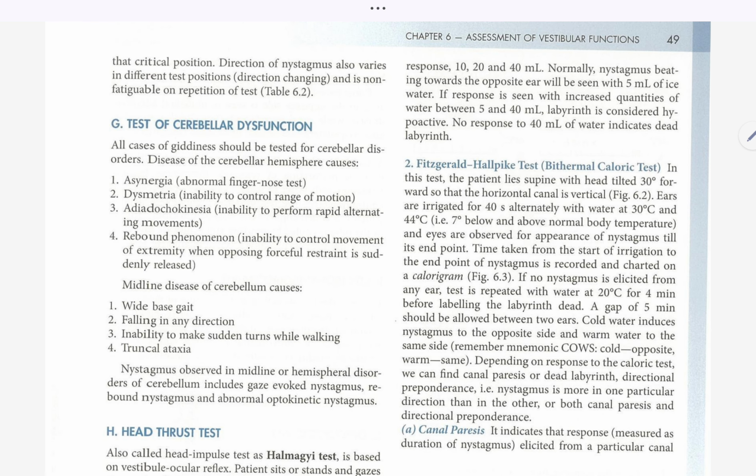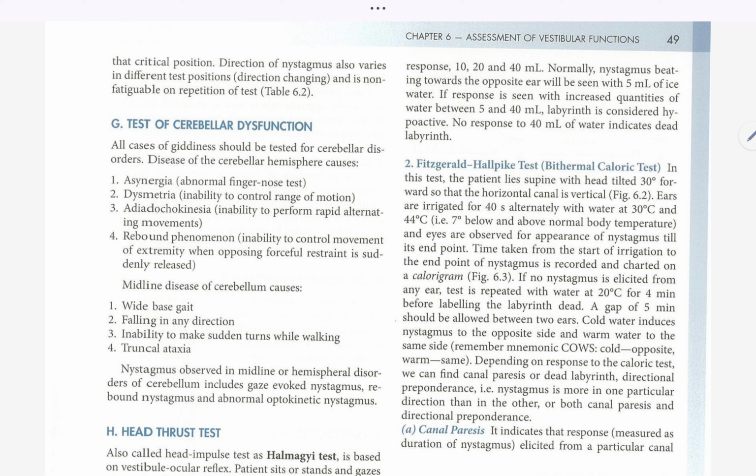Normally, nystagmus beating towards the opposite ear will be seen with 5 ml of ice water. If response is seen with increased quantities of water between 5 to 40 ml, labyrinth is considered hypoactive. No response to 40 ml of water indicates dead labyrinth.